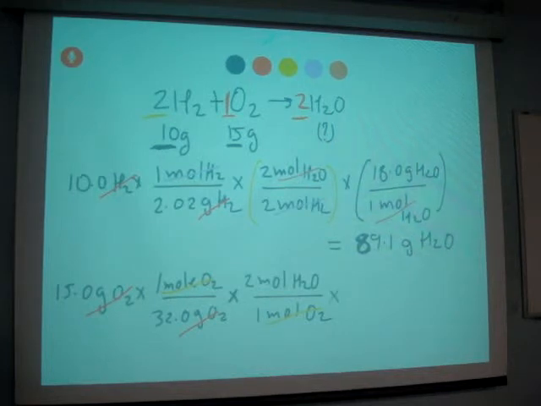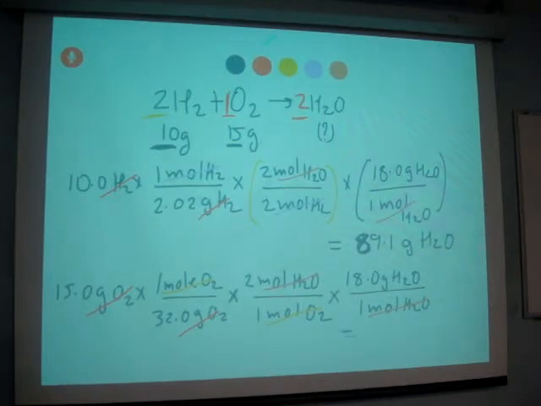Then convert moles of H2O to grams of H2O. We know that the molar mass of H2O is 18 grams per 1 mole of H2O. When you do that, moles of H2O cancel and you get grams of H2O.